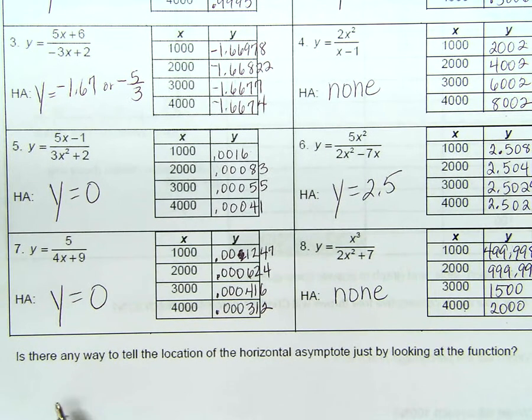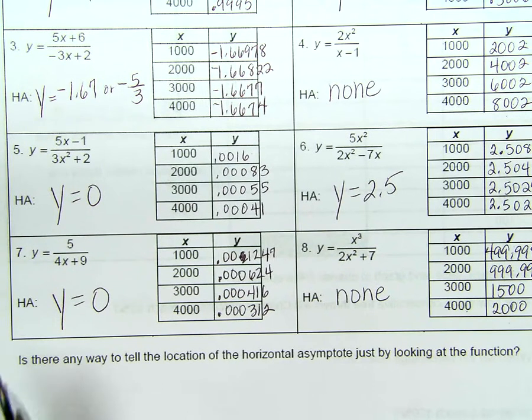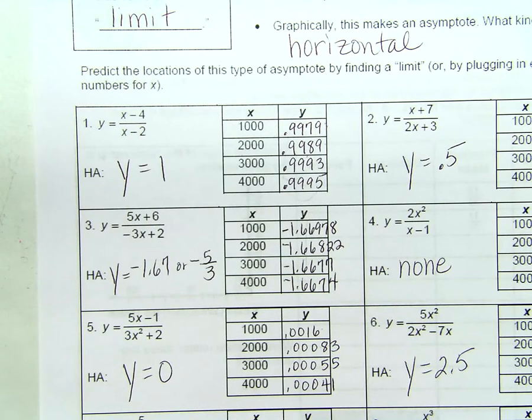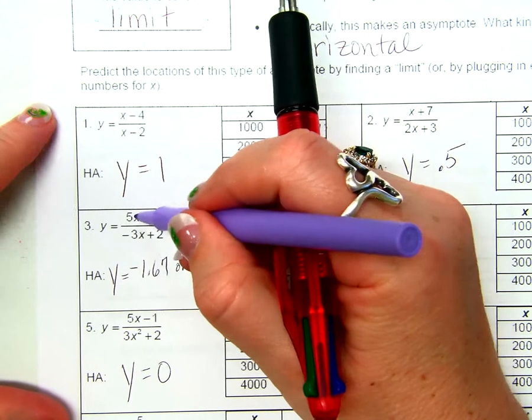So the question at the bottom is, is there any way to tell the location of a horizontal asymptote just by looking at the function? Before we looked just at the denominator. This time we can't do that. This time, the easiest one to see is actually number 3. Because look here.